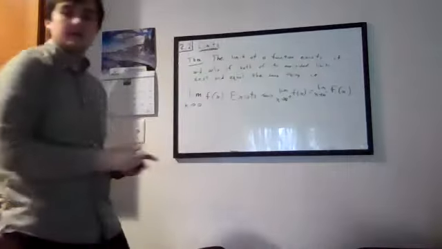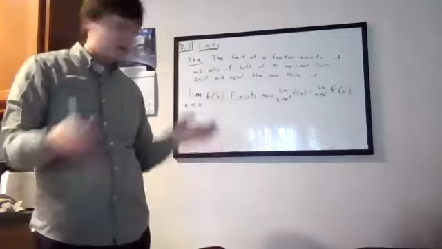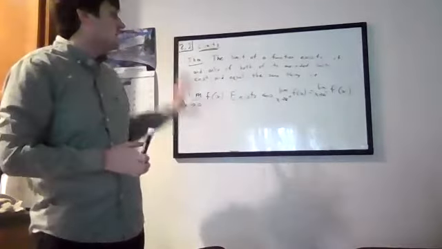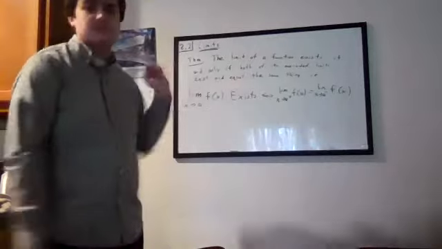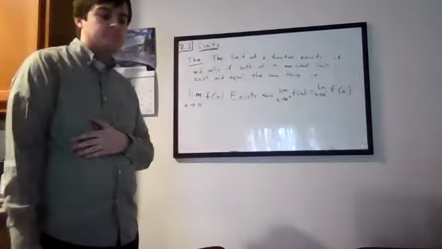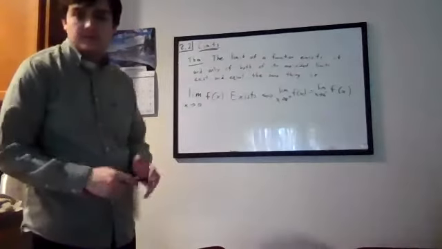That they both exist and they equal the same exact thing. Okay, so hopefully that makes sense. That's how we define if the limit of a function exists or not. And so that will be maybe useful for us moving forward.